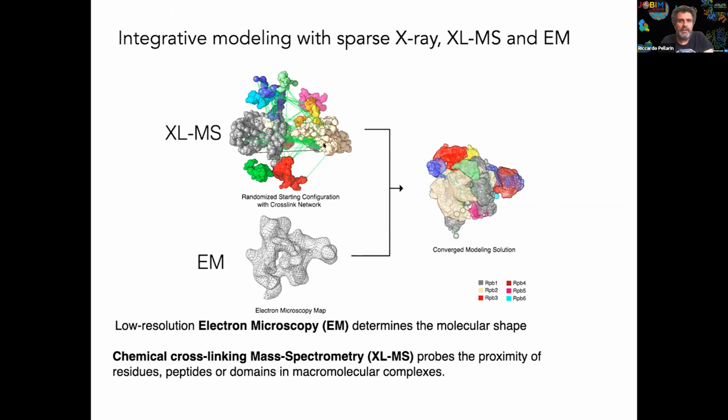The crosslinks will provide you distance restraints between the subunits, and the electron microscopy will provide you kind of an envelope where you can assemble your subunits. So as you can see, this will be a kind of puzzle that we have to resolve in 3D. And you will end up having a structure like that for the RNA polymerase II, which is not high resolution, a bit blobby, but still informative.